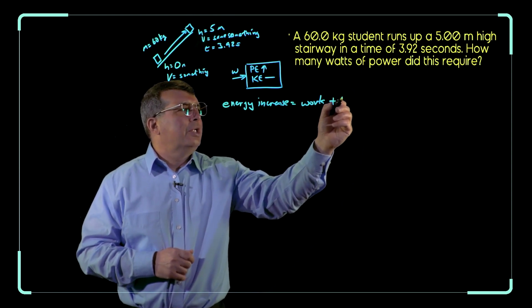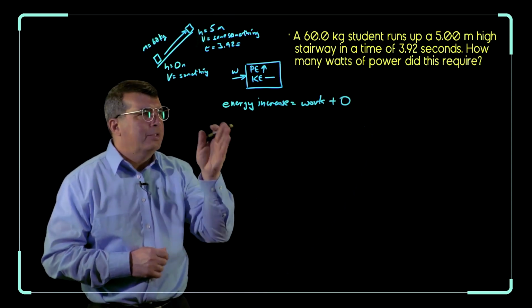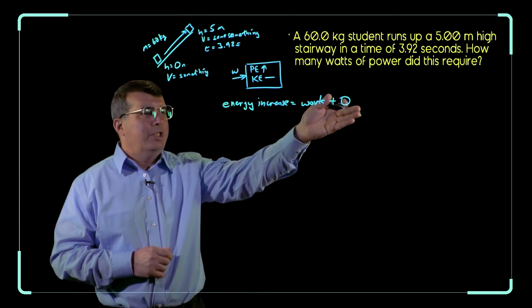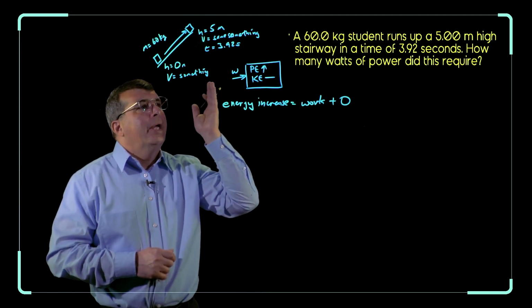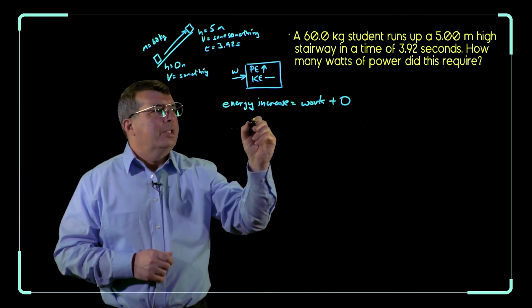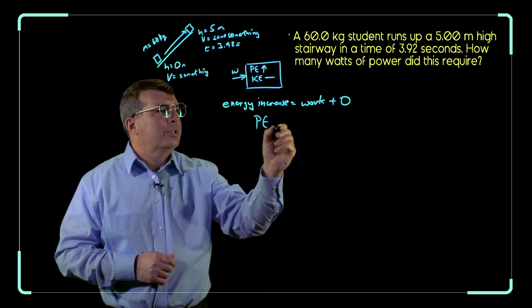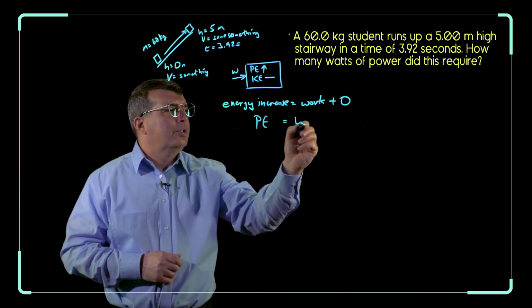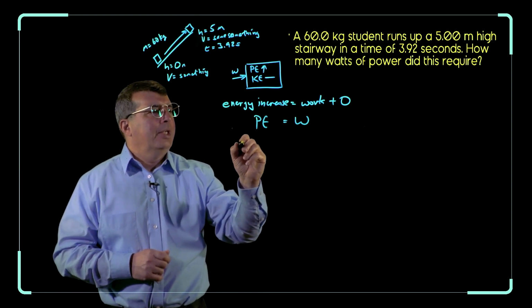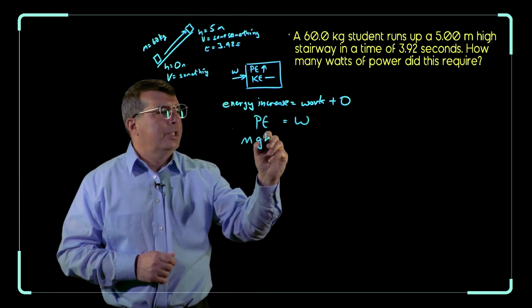And there's no energy decrease, so I'm just going to put 0. The energy increase is the potential energy, so the potential energy is what's increasing, and that's equal to our work. Our potential energy is mg height.